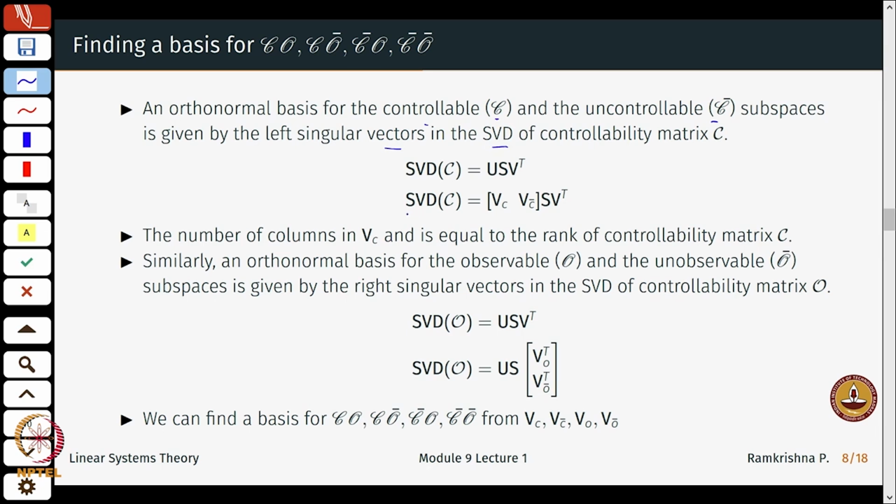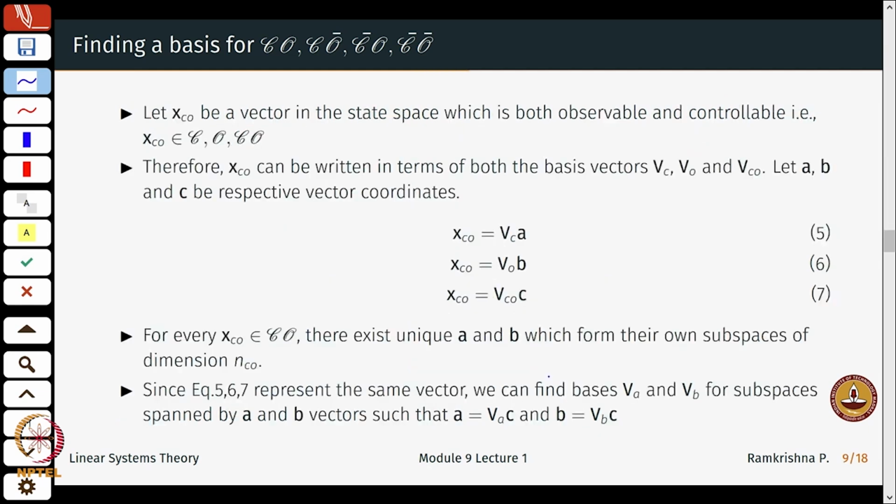So the singular value decomposition of this C would precisely have these terms here, like VC and VC bar, which we derived earlier, and similarly for the observability matrix, here I will have V and VO transpose. So this was the basis for the A invariant controllable subspace. This was the basis for the A invariant unobservable subspace. Okay. So this is another way of looking at how to derive VC and VO bar, right. Okay, it's the same process. You could just verify it quickly.